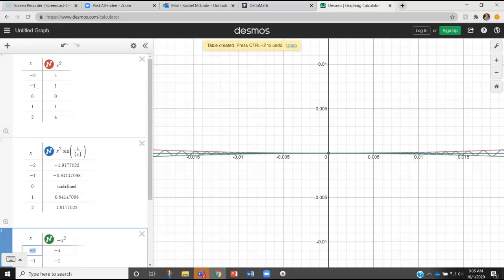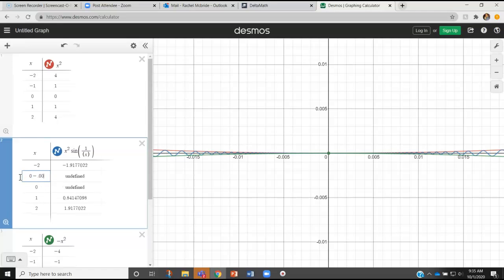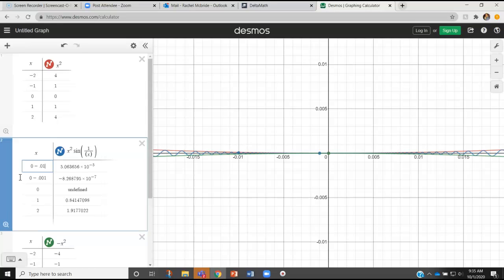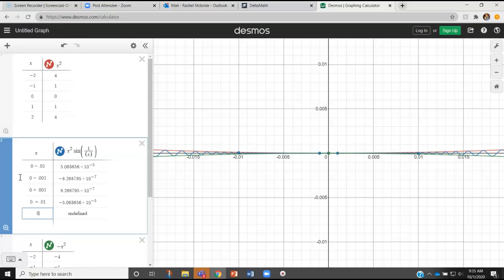So over here in our table, how did we look at a function on our table? You put the point you cared about in the middle, and then you went to the left of that point, negative 0.001, then negative 0.01, and then added 0.01, and since this is a weird number, you also added 0.1.